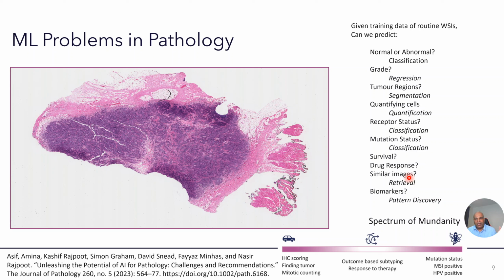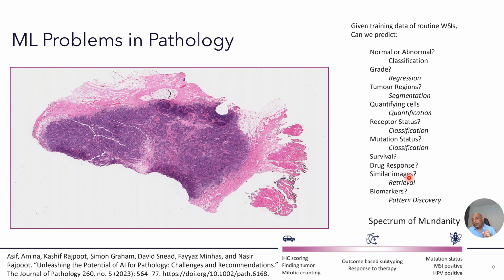So all of these problems occur on what my friend Nasir calls the spectrum of mundanity, in which you've got similar simple tasks of IHC scoring for which machine learning models can be used, to things that we typically don't solve with images, for example, MSI status prediction or HPV status prediction or mutation status prediction.